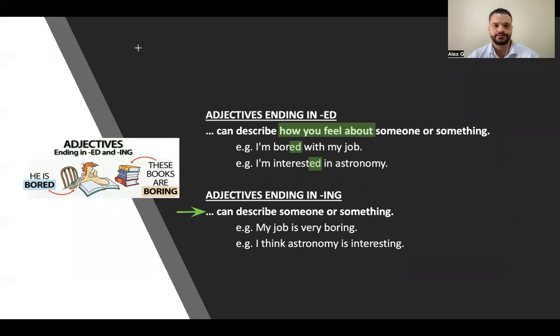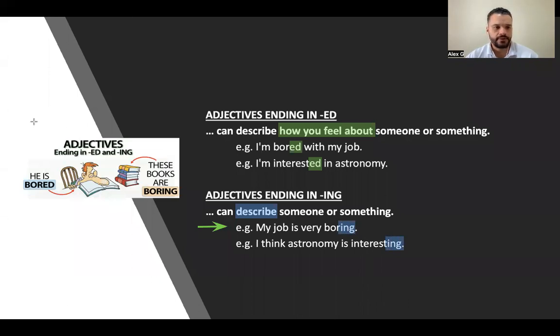So this is a description, and now it is no longer a feeling. It's just a description of someone or something. For example, it says, my job is very boring. I think astronomy is interesting. And notice how the adjective is now ending in ing instead of ed.